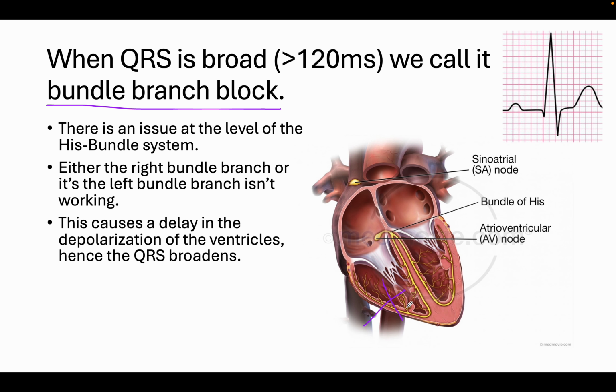If, for example, the right bundle was blocked, electricity can perfectly go down the left bundle. So it will depolarize the left ventricle first, and then that electricity goes down a really long convoluted pathway to the right ventricle in order to depolarize it. And that creates a specific waveform. Because that takes so long, that's what creates that broadness. The opposite would occur if you had a left bundle branch block. Electricity would need to find its way back to the left ventricle in a really long way.